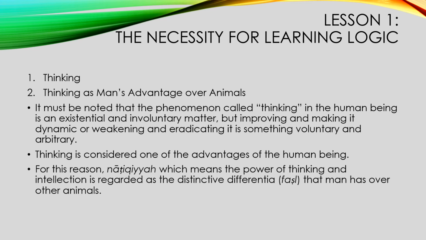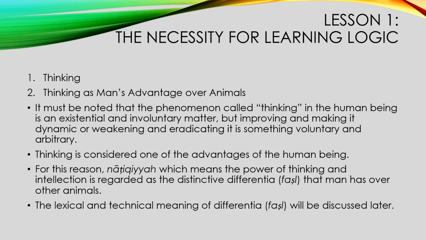For this reason, nāṭiqiyyah, the literal meaning actually is the ability to talk, no? Which means the power of thinking and intellection is regarded as the distinctive differentia or faṣl that man has over other animals. The lexical and technical meaning of differentia or faṣl will be discussed later in our lessons.